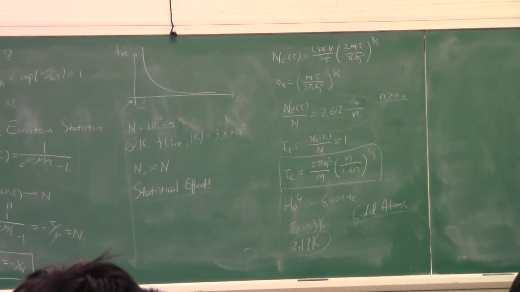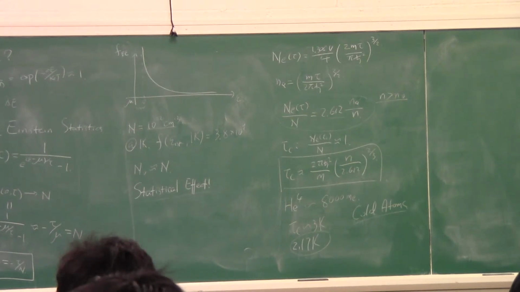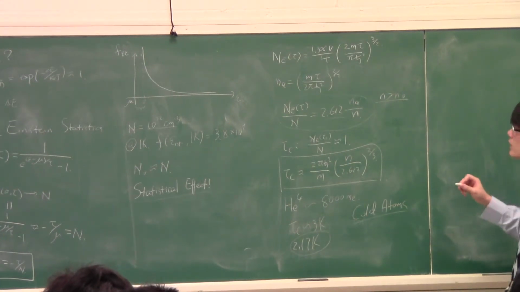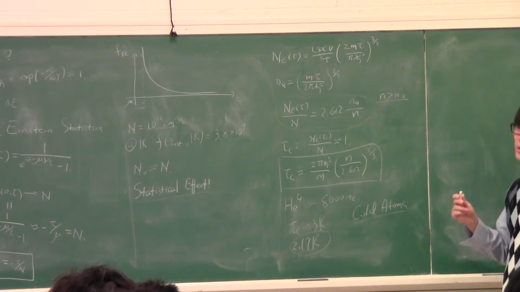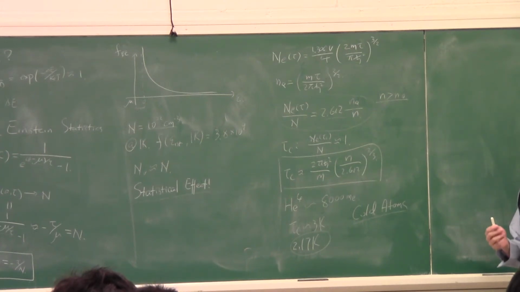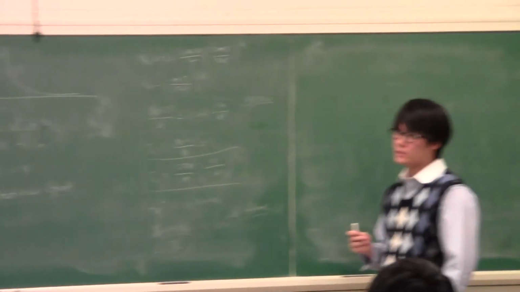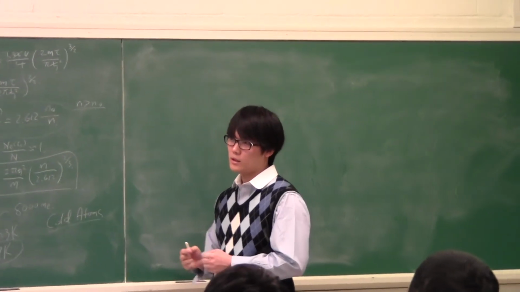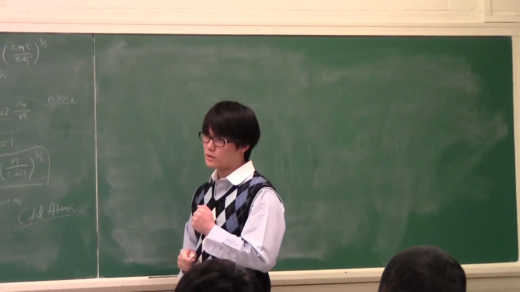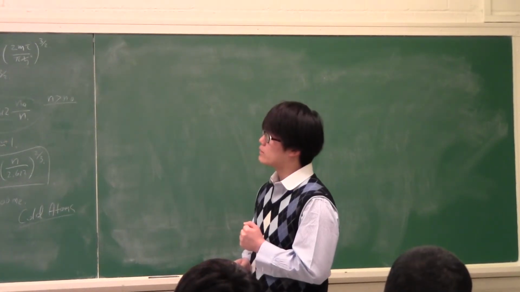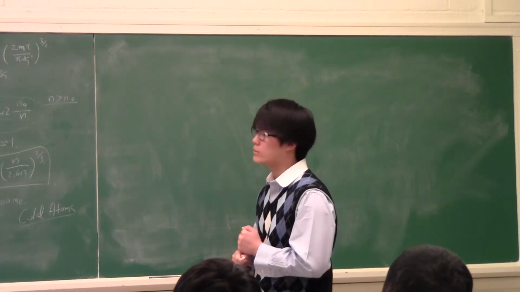Now let's move on to talk about why we can treat two Fermi particles as a boson. If two fermions, through their interactions, occur in pairs, then a pair of fermions makes a boson. So let's talk about the mechanism by which this pair forms.